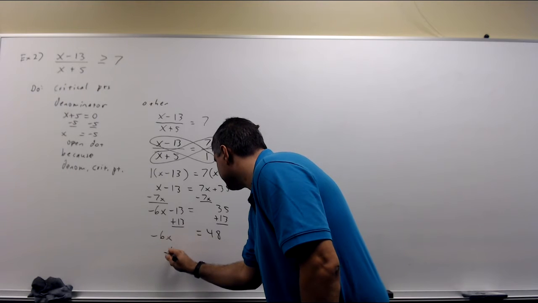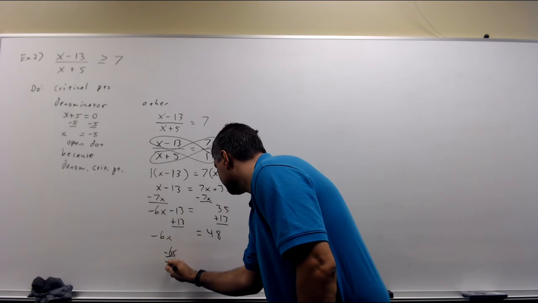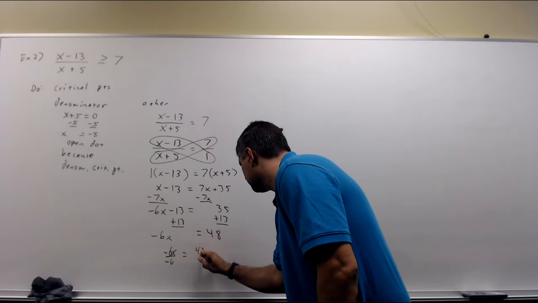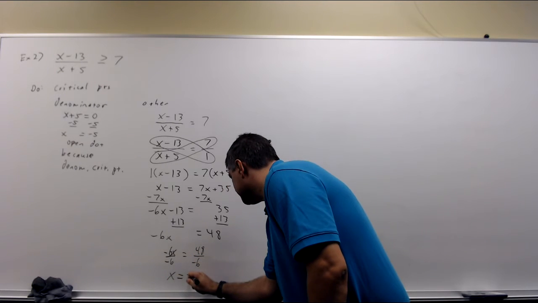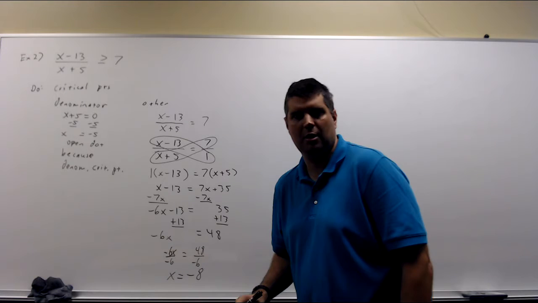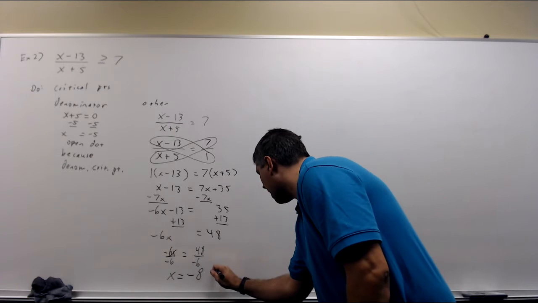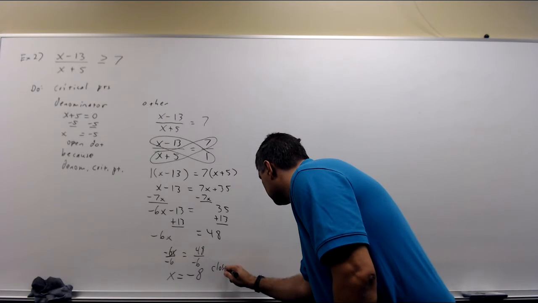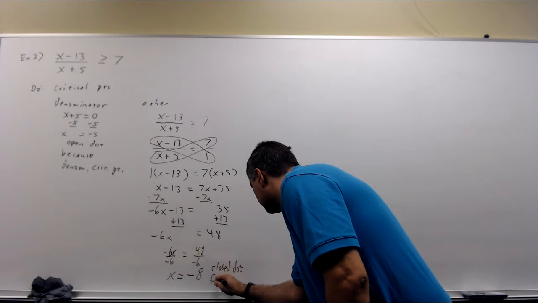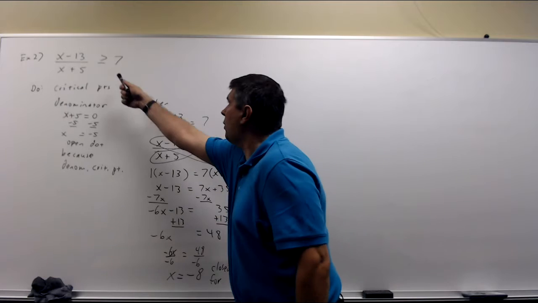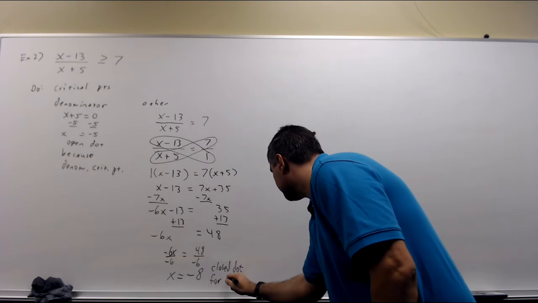Divide off the negative 6, and x equals negative 8. And that's going to be a closed dot because of the or equal to in the inequality.